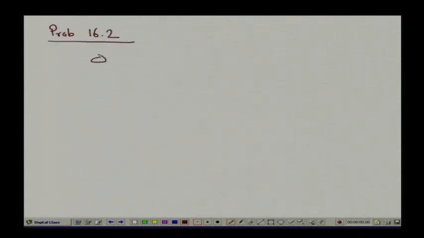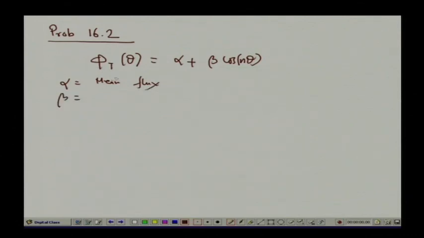Here we know that phi t theta equal to alpha plus beta cos n theta, where alpha is the mean flux, beta is the amplitude of the flux variation, and n is the number of blades.